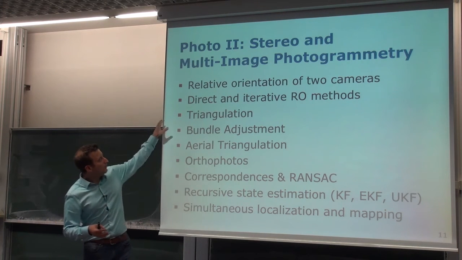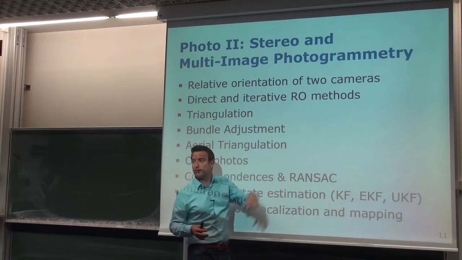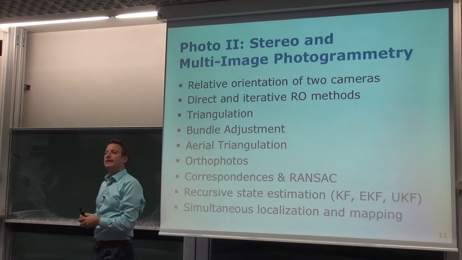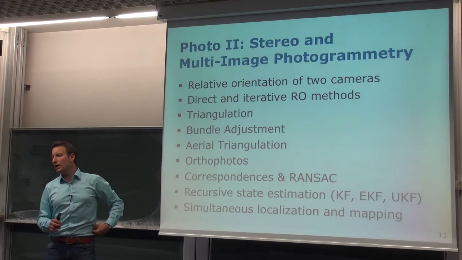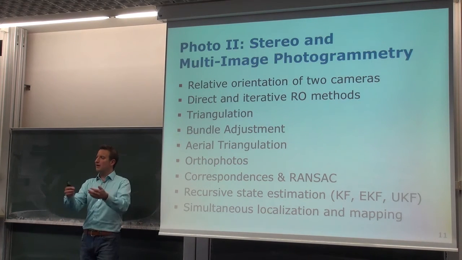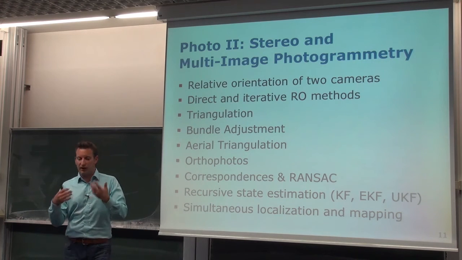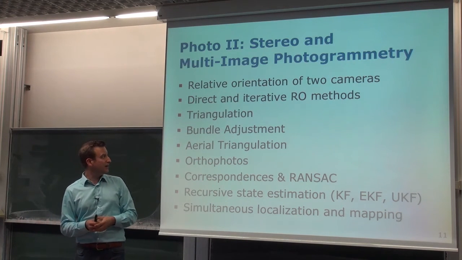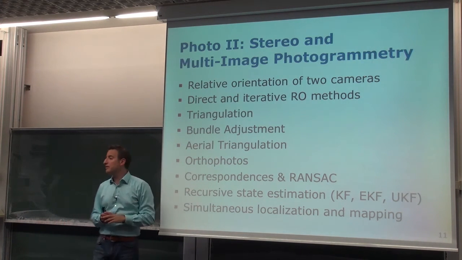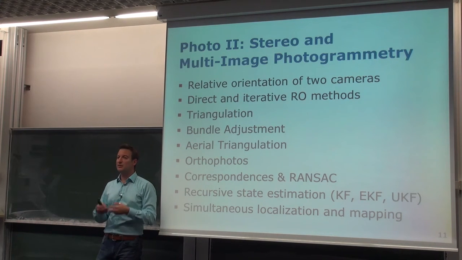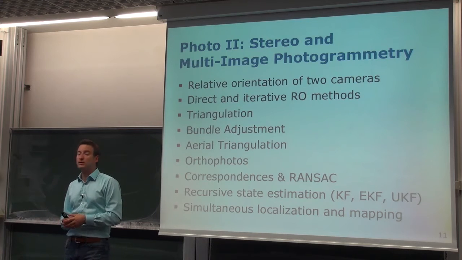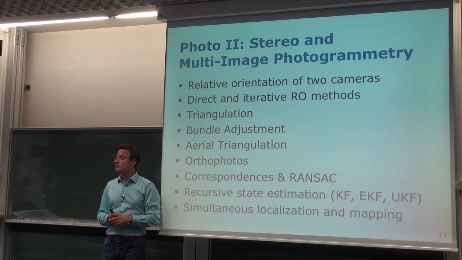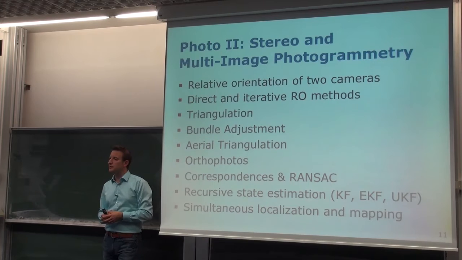Then we go towards an iterative approach for this relative orientation. Then we look into the situation of what happens if we know where the camera locations are, and how can I estimate the 3D structure of the scene. And then we try to solve everything at the same point in time: estimating what the 3D scene looks like, as well as where the camera locations are, which is typically referred to as bundle adjustment.